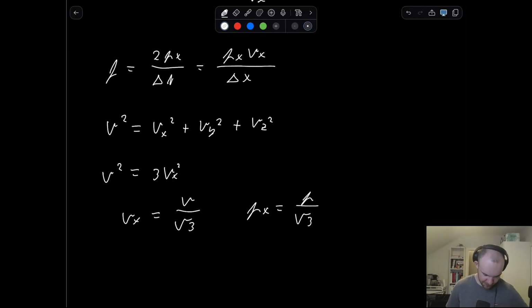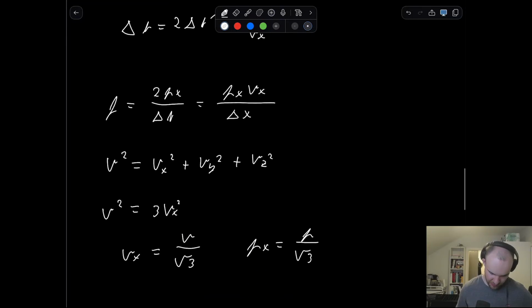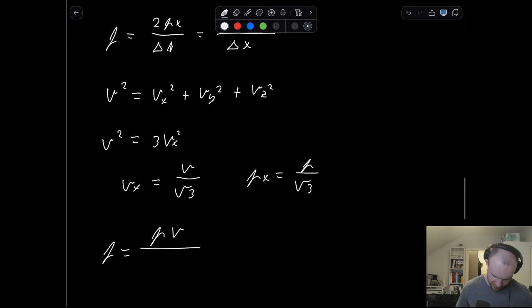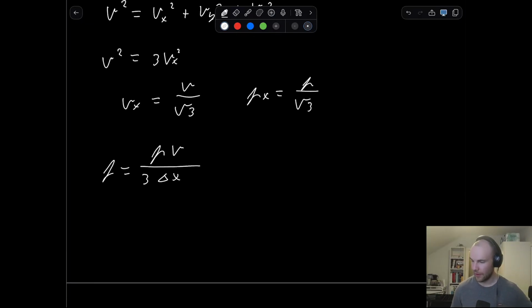Cool. That should work, and now we can change our equation so the force is just p times v divided by 3 delta x, like that. Very neat.